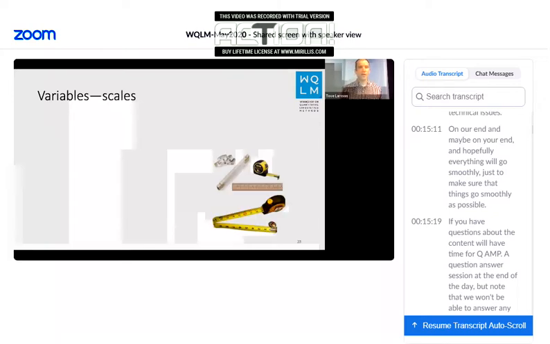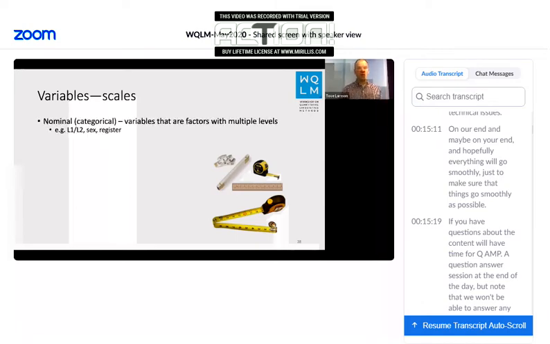Okay, so shifting gears a little bit, but still talking about variables, let's talk about the different scales that variables can be measured on. So we can have nominal or categorical variables.